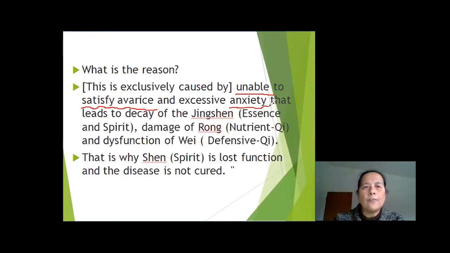That kind of lifestyle damages the essence, damages the spirit, and damages the nutrition qi, ying and wei. So when all of this happens, the spirit is not in there anymore. That's why if the spirit loses function, the illness is not cured.